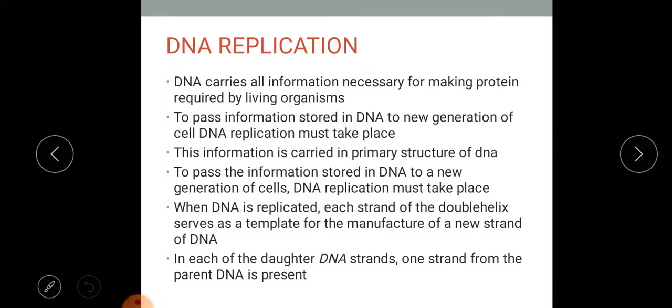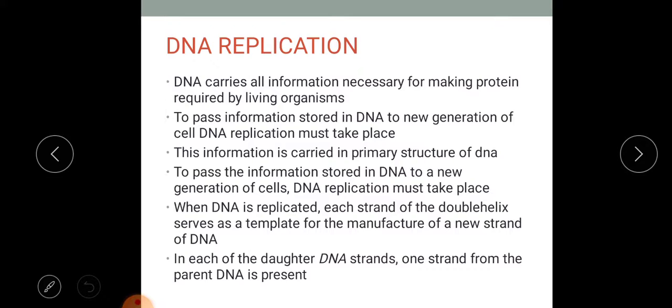Now DNA replication. DNA carries all information necessary for making proteins required by living organisms. To pass information stored in DNA to a new generation of cells, DNA replication must take place. This information is carried in the primary structure of DNA. Actually all these you have studied at your plus 2 level, and you are very familiar, being biology background students.